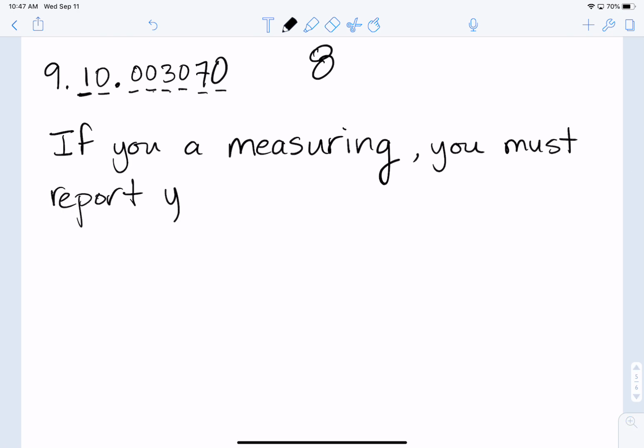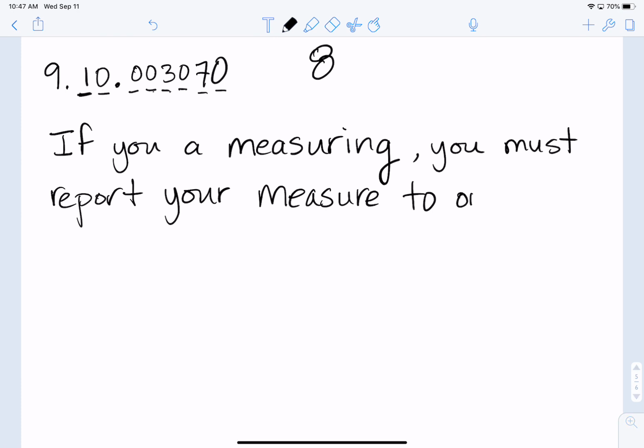your answer or your measurement to one more decimal place than as accurate as the measuring device. I'll write that down.